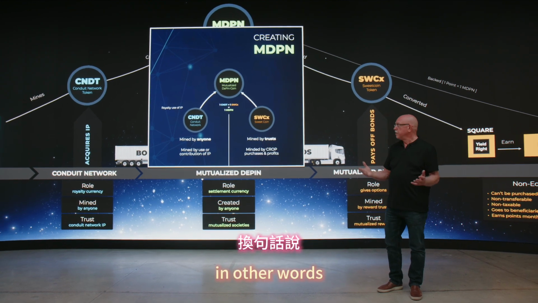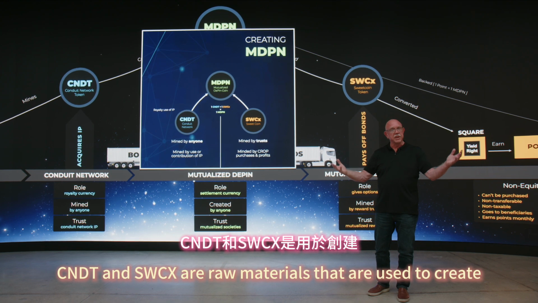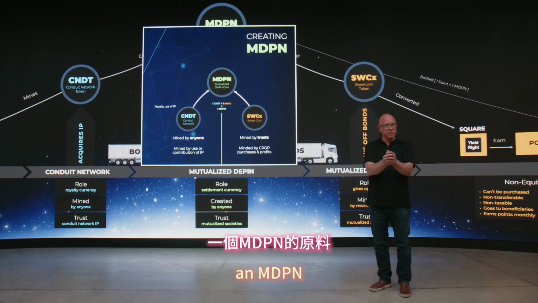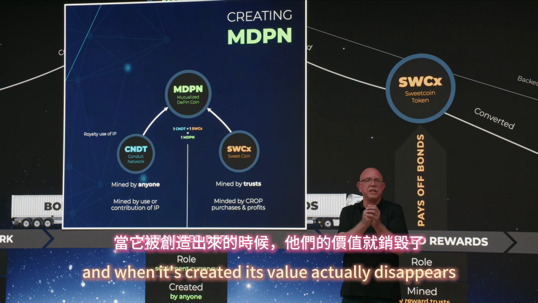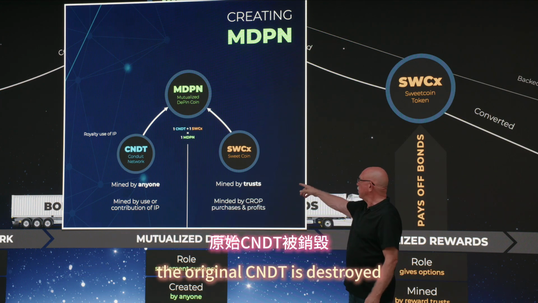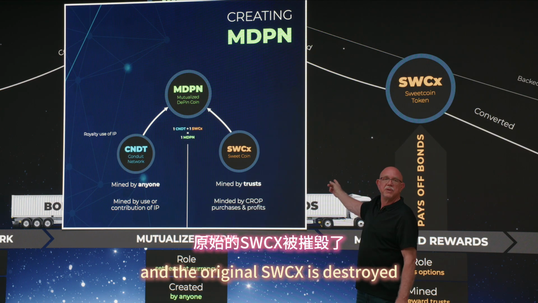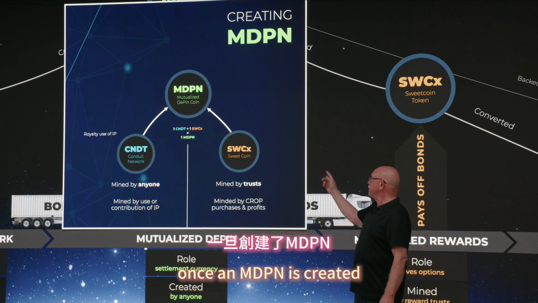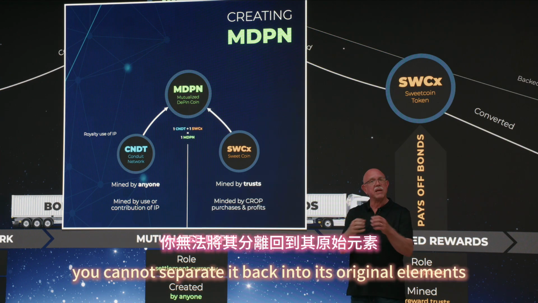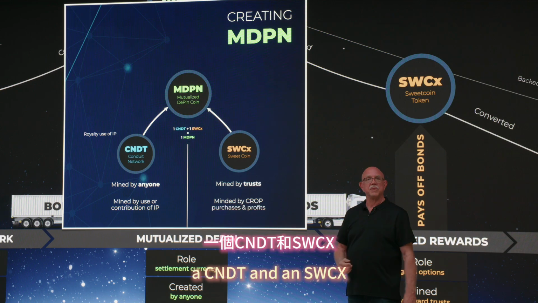In other words, CNDT and SWCX are raw materials that are used to create an MDPN. And when it's created, its value actually disappears. The original CNDT is destroyed, and the original SWCX is destroyed and no longer exists. Once an MDPN is created, you cannot separate it back into its original elements of a CNDT and an SWCX.